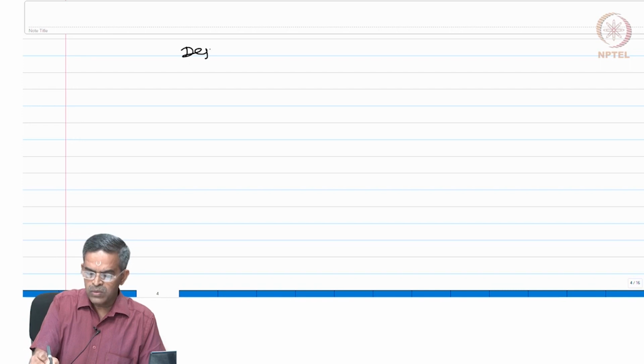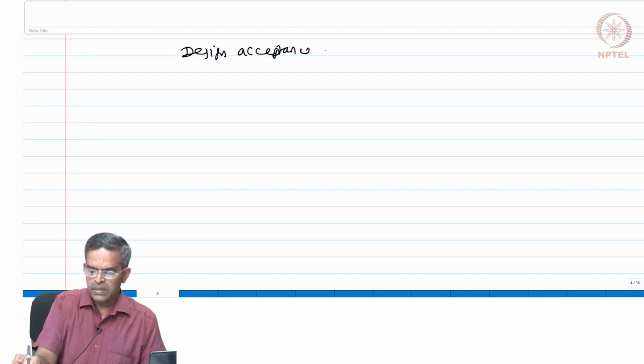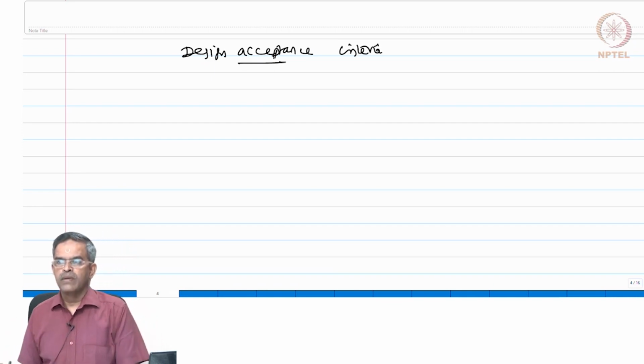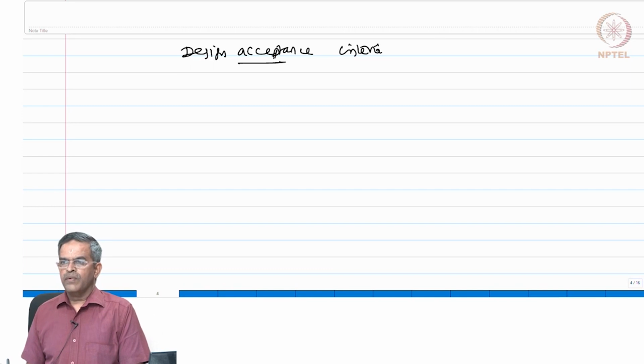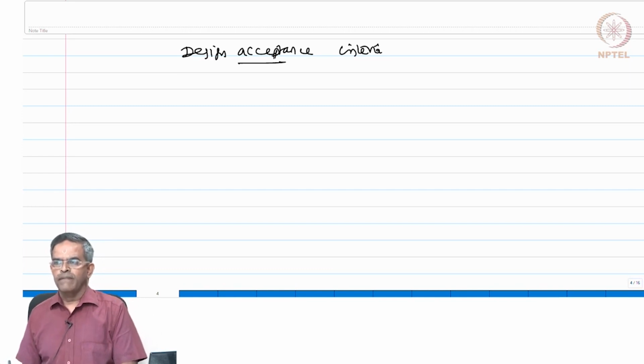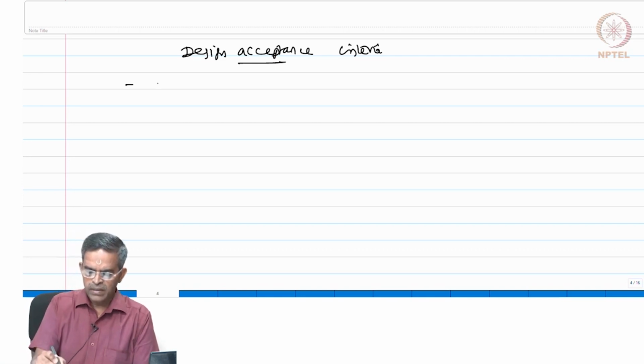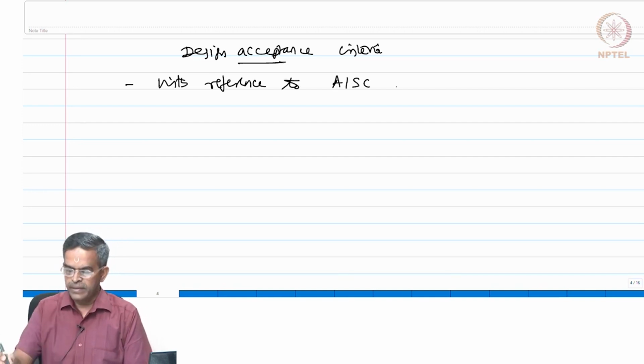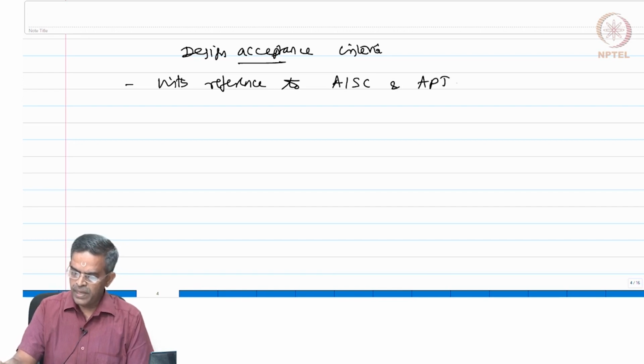Let us talk about the design acceptance criteria. Now, when you talk about design acceptance criteria, we have to refer to the codes of practice. Let us say with reference to AISC and API RP codes.